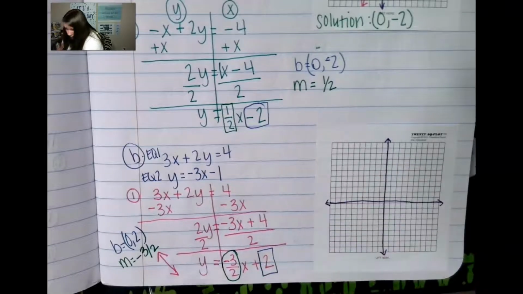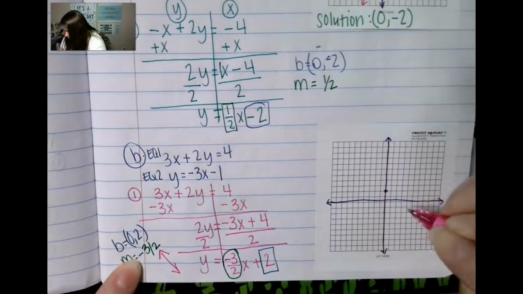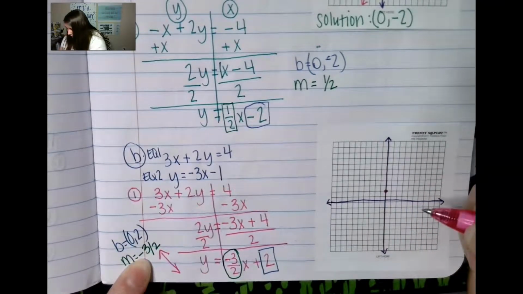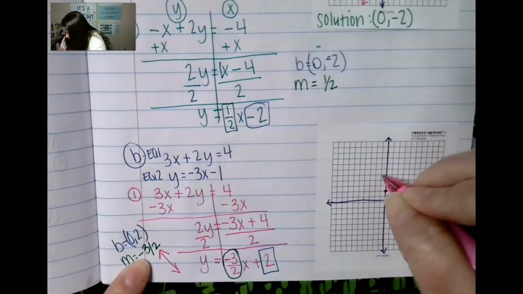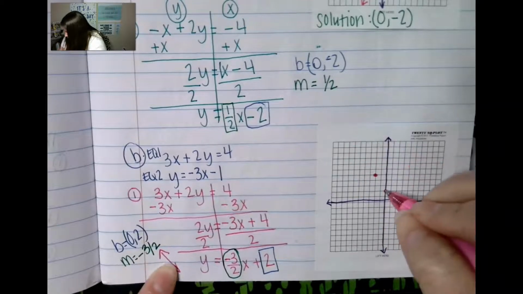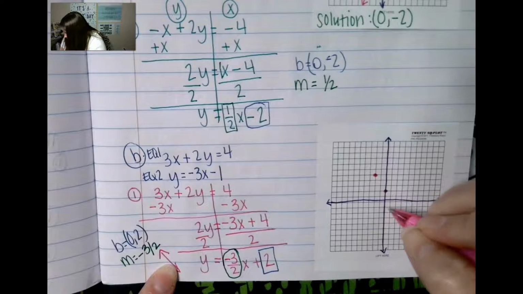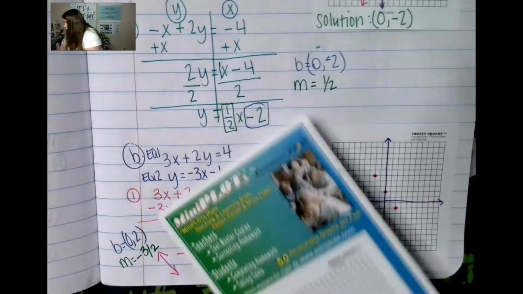We're going to graph 0, 2. So I'm going to go 0 and go 1, 2, put a dot. I want my line to go down at an angle. So 1, 2, 3, 1, 2. All right, there's one line.